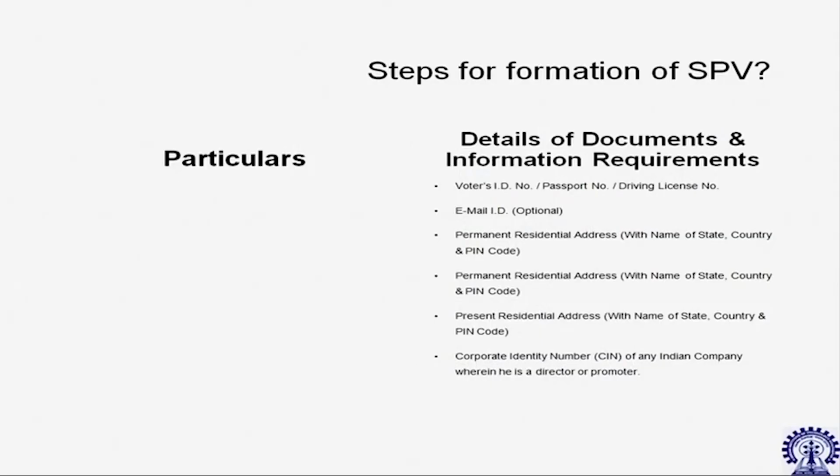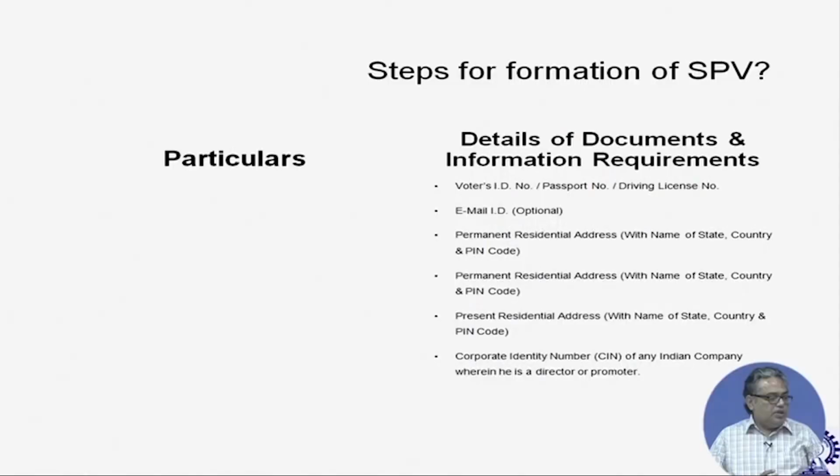So, if any officer, manager, director or promoter of a particular company is promoting the same company, then in that case you need to give not only the director identification number if he is a director, but also the corporate identification number, so that it can be tracked who is a director and which company is promoting this new venture.